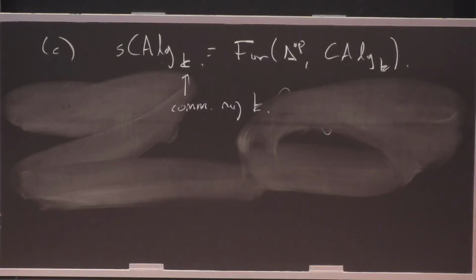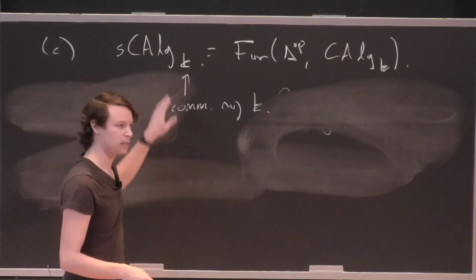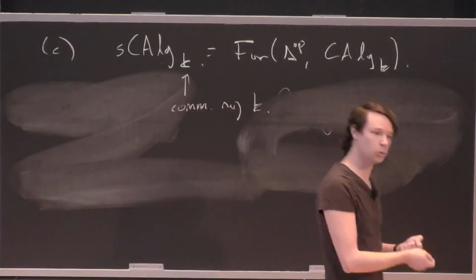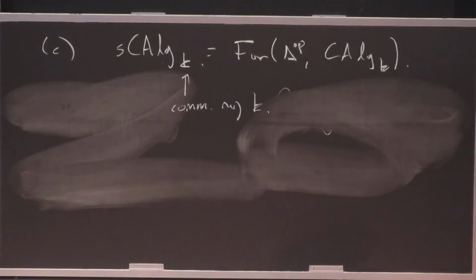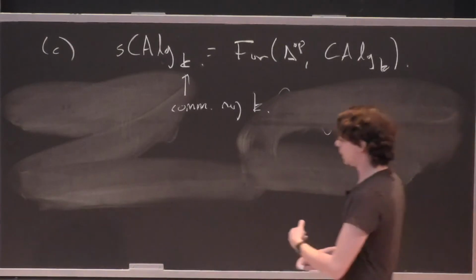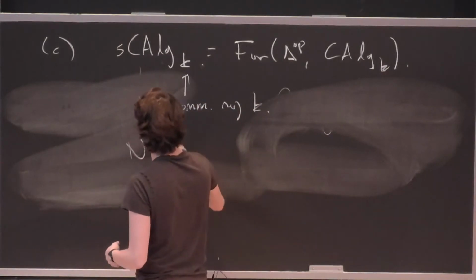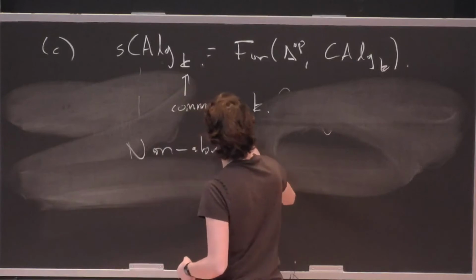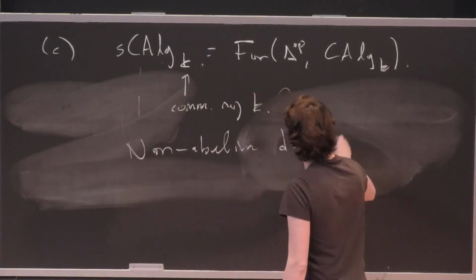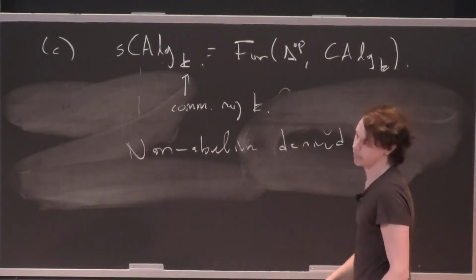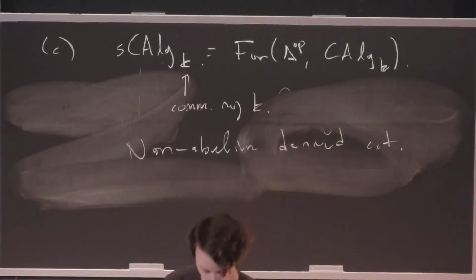And so the point of simplicial commutative rings is that it gives you a way to take resolutions of commutative rings and to make constructions with resolutions of those commutative rings. And so this is sometimes called a non-abelian derived category construction. And we'll see a couple examples in just a moment.